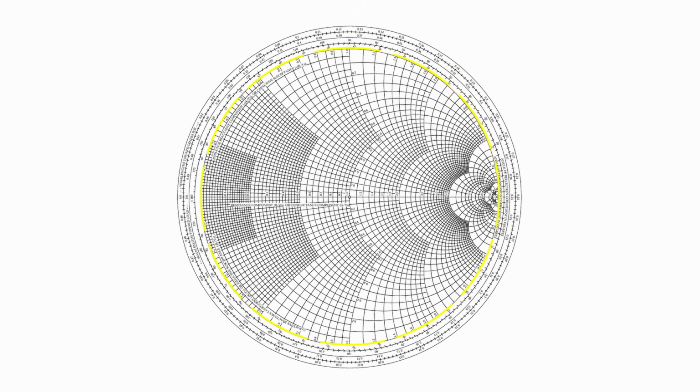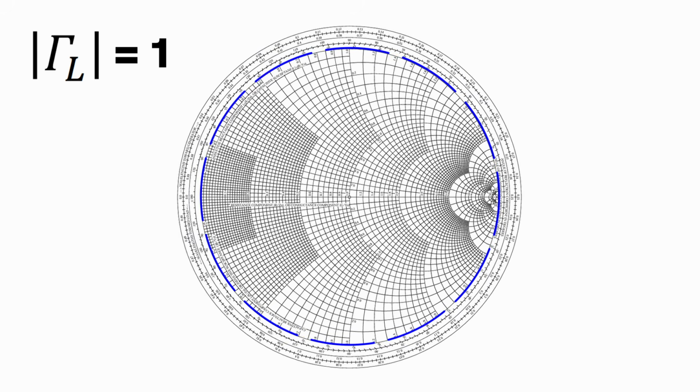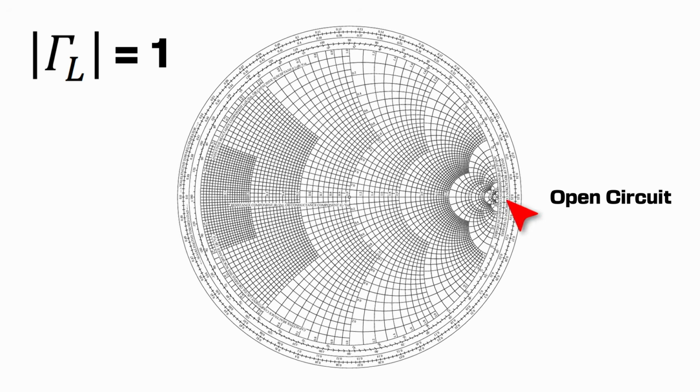The unit circle on the Smith chart represents points where the magnitude of the reflection coefficient gamma is equal to 1, corresponding to lossless loads that are purely reactive, either capacitive or inductive, or extreme impedance cases such as an open or short circuit. An open circuit occurs at the very far right, where the impedance approaches infinity, while a short circuit is found at the far left, where the impedance approaches 0.